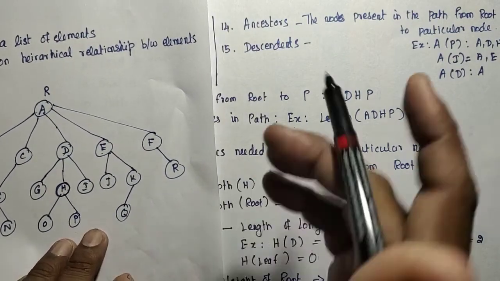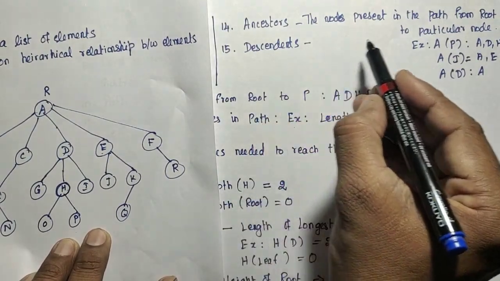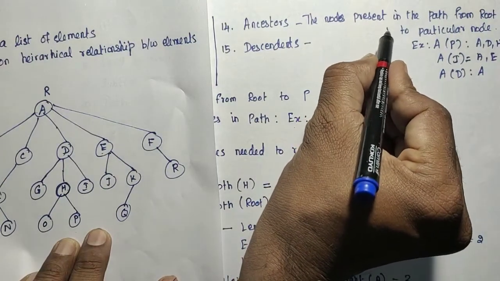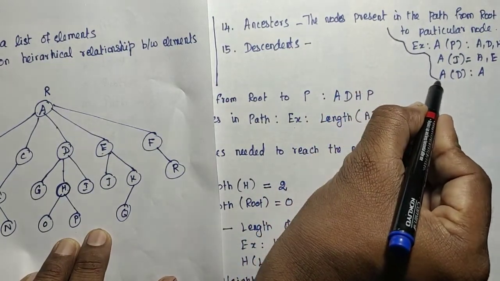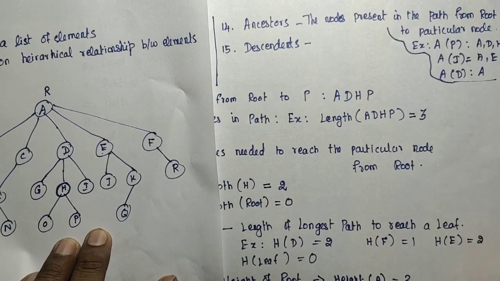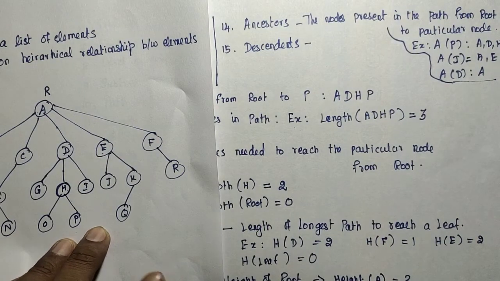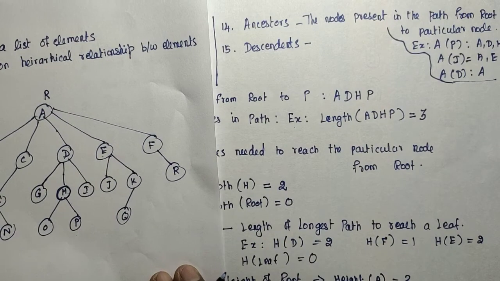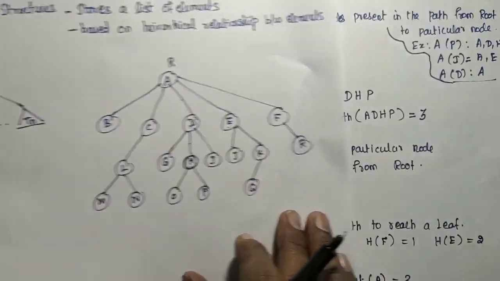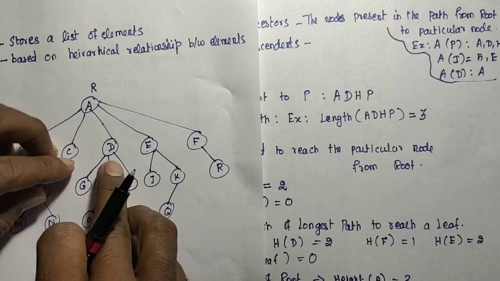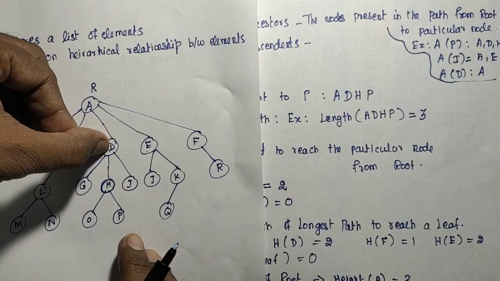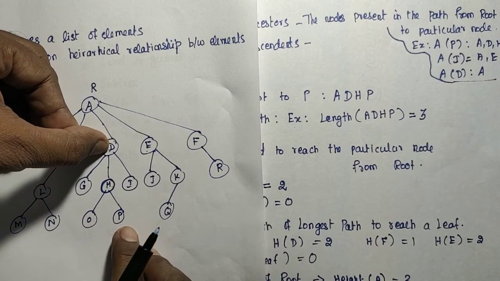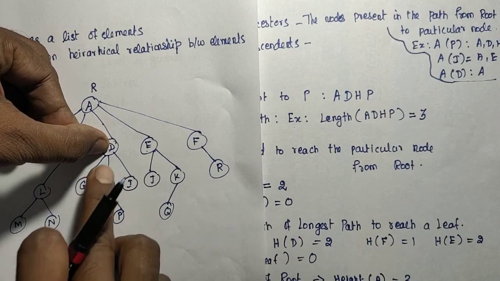So now I can say the definition for descendants. What is the descendants? So how have we defined the height of a node? Height of a node means from the particular node to reach a leaf, what is the longest path? Correct? The longest path.